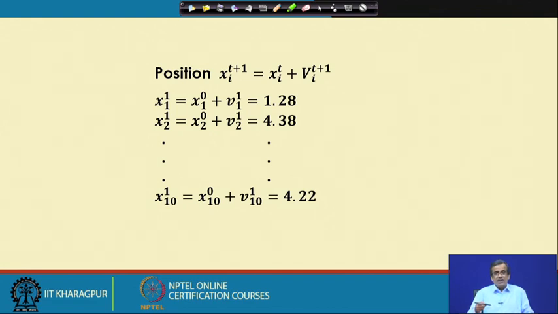But as I told, the performance of this algorithm depends on a number of parameters, and we will have to set the parameters accordingly if we want to get very good performance of this algorithm. Now, performance in the sense of the quality of the optimal solution and in terms of computational complexity.